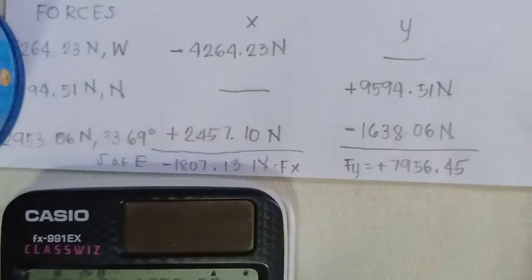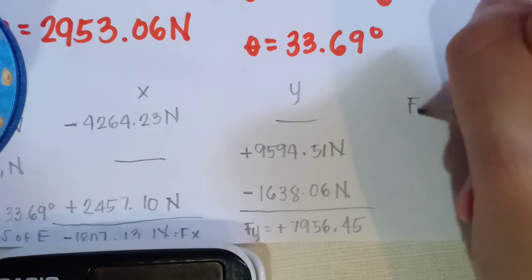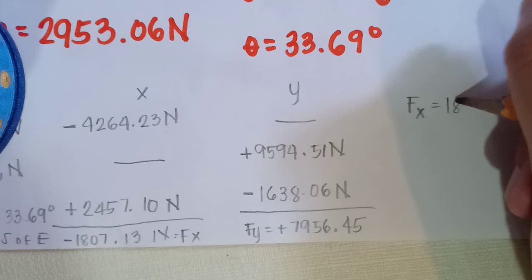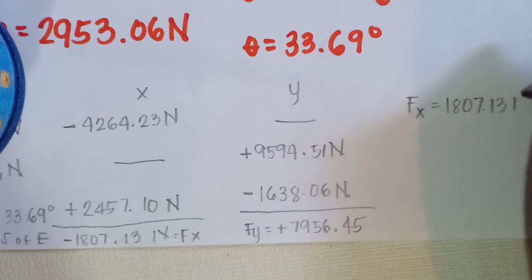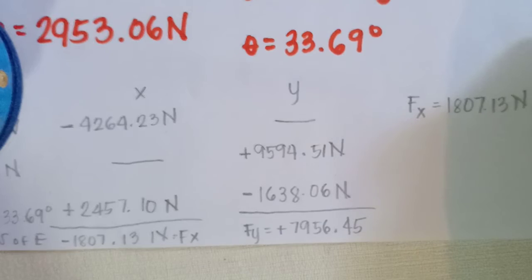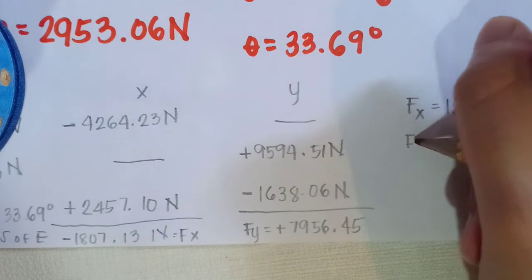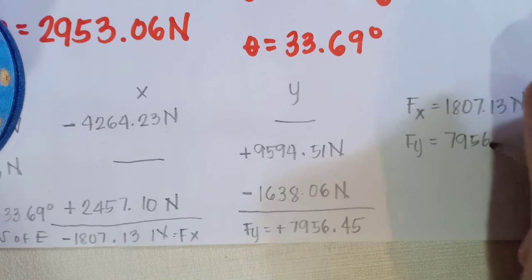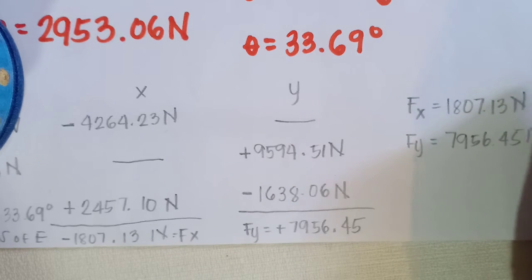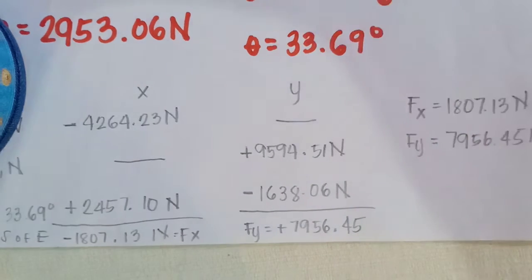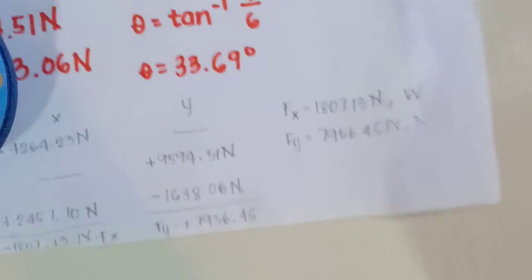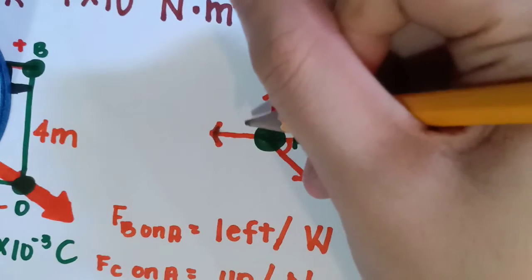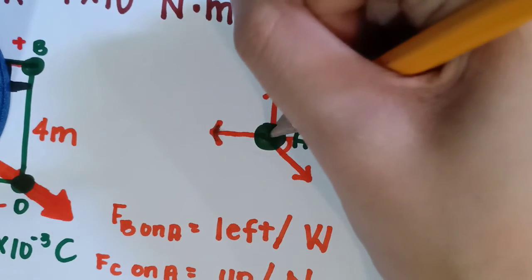Meaning that Fx is equal to 1807.13 N west, since it is negative, and Fy is 7956.45 N north. What does this mean? The resultant of all the forces on A is directed toward the northwest.